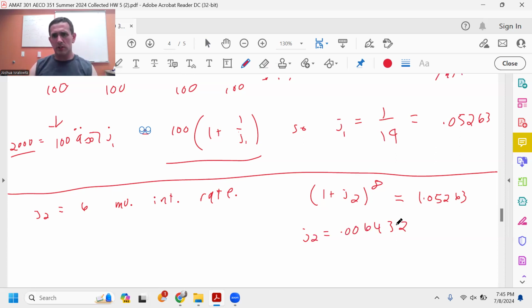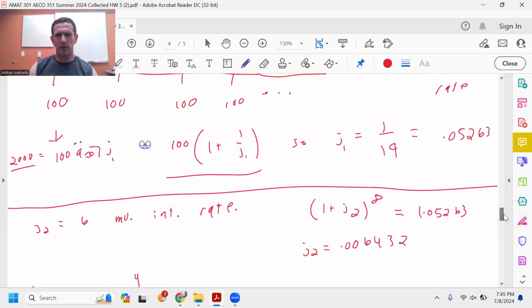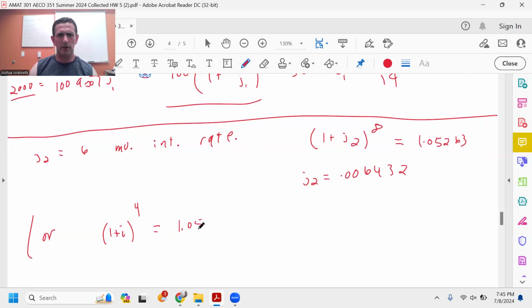Or you can, as I've done before, use the annual interest rate as an intermediary. I'm not sure that's really necessary, but if I is my equivalent effective annual interest rate, then compounding that 4 times is the same thing as 4 years of growth, and the 4-year growth rate is 1.05263. So I is 0.012906.